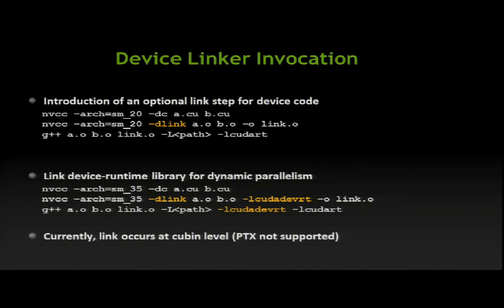That's fairly technical, but that's the way you would use it if you want to use a device code library, or if you want to write your own device code library.